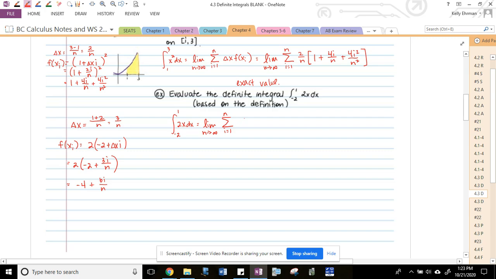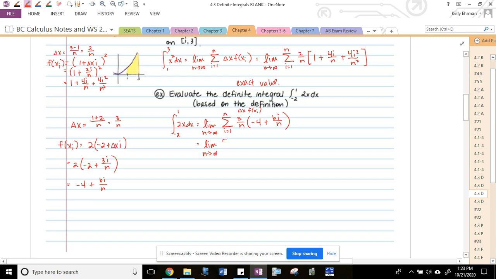It's delta x times f of x sub i. I don't want to write a whole other line, so I'm going to jump right into it. Delta x is 3 over n, and f of x sub i is -4 plus 6i over n. Keep the limit notation.